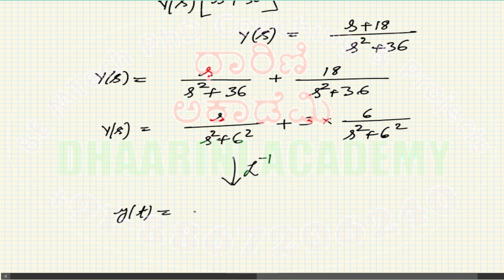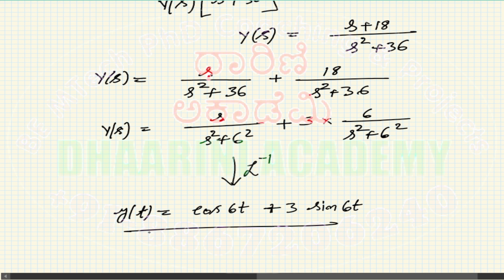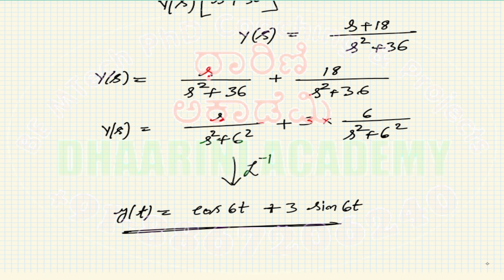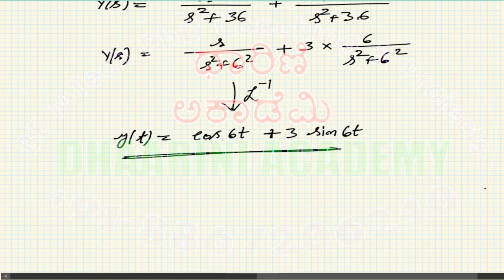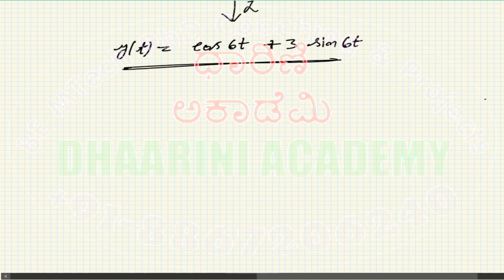y of t is equal to, what's this first term? It's a simple cosine function, cos of 6t, plus 3 times sine 6t. This is y of t. Now use any of the initial two equations we have to convert this y of t into x of t.